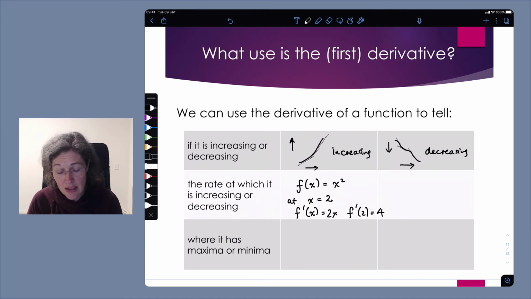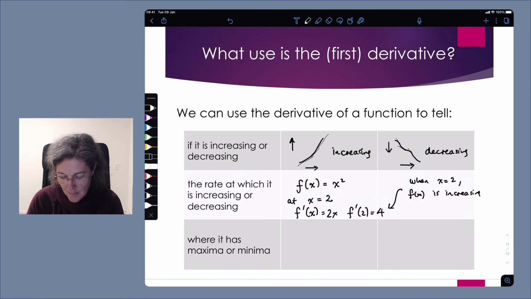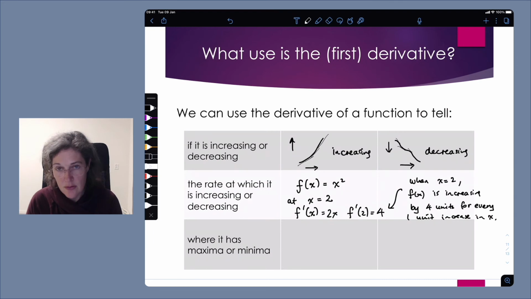So this tells us that when x is equal to 2, f of x is increasing by 4 units for every 1 unit increase in x.